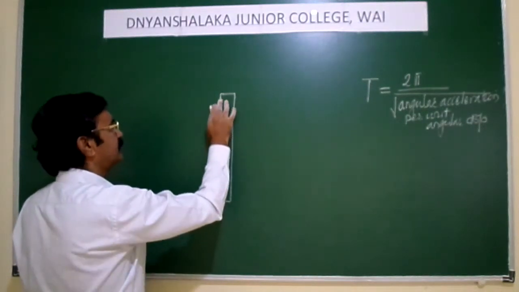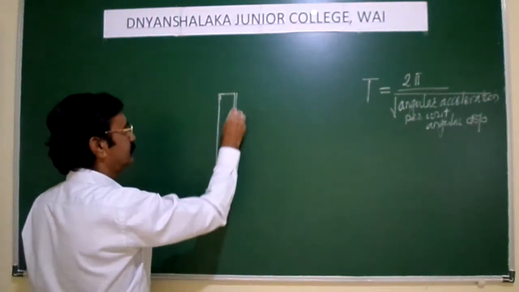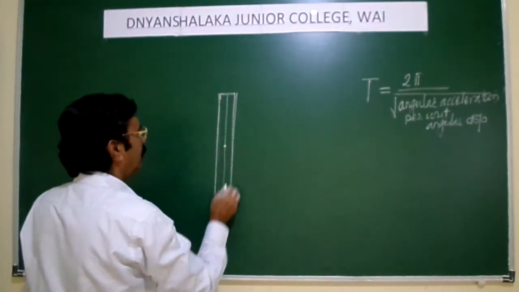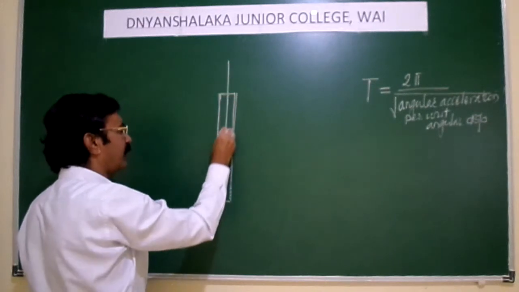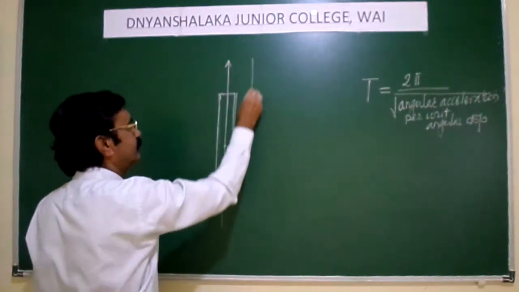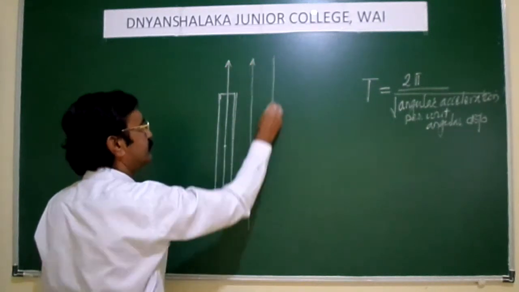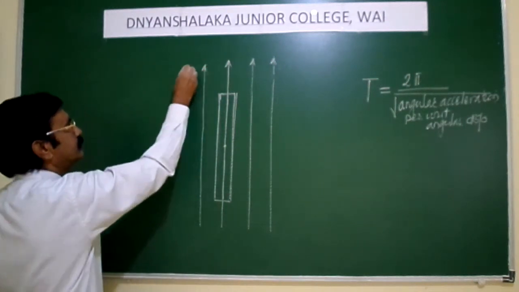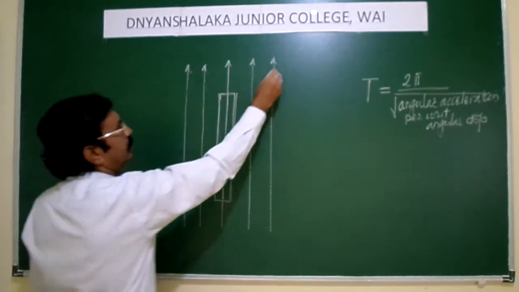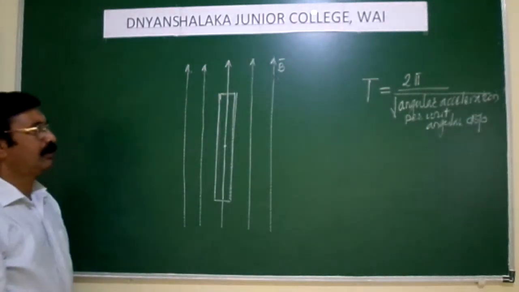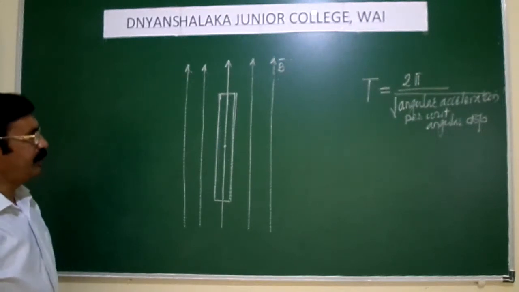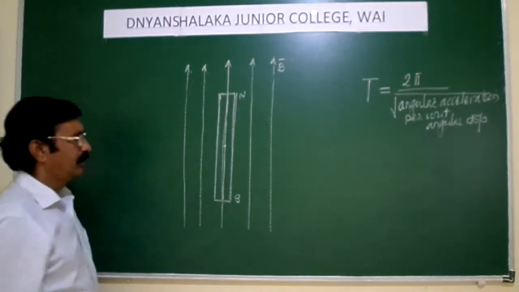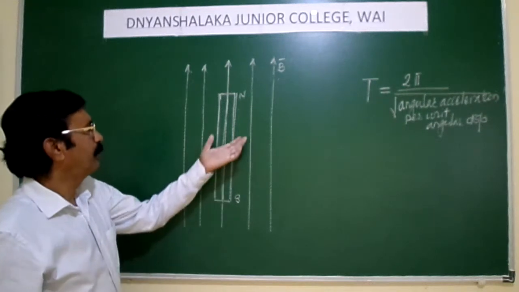Consider a bar magnet placed in an external magnetic field of induction B. So this is the magnetic field of magnetic induction B. So this is a bar magnet, which gets aligned in the direction parallel to the magnetic induction.